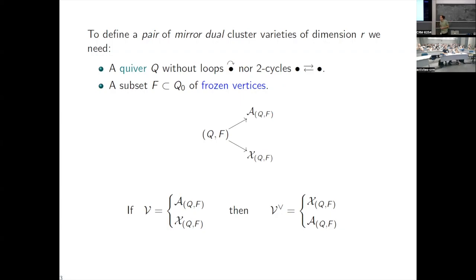Maybe some years ago that would just be a conjecture, and nowadays it's a fact. That's why I'm going to use this notation: if V is one of those, then V check is the mirror, and it just swaps the cluster variety. So the mirror of A is X, and the mirror of X is A. There's a more robust statement in which this occurs as fibers in a mirror family, but I'm not going to discuss that.